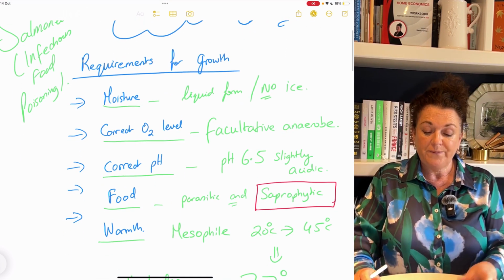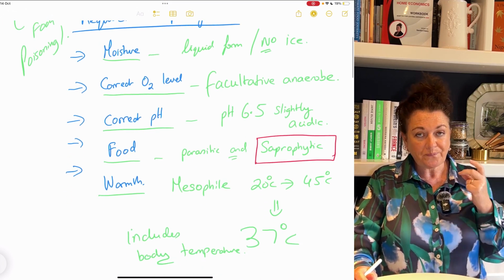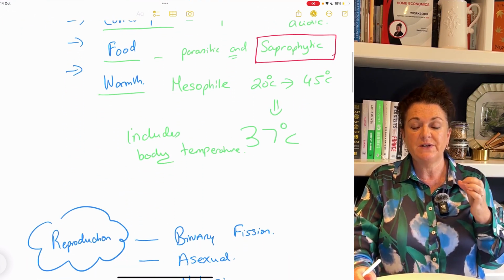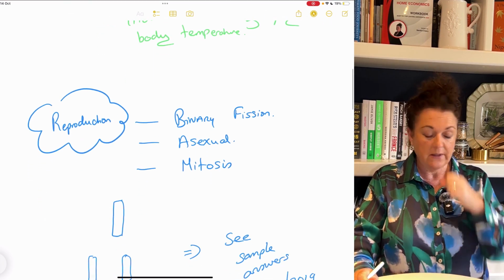Requirements for growth: water in a liquid form, facultative anaerobe, pH of 6.5, slightly acidic, parasitic or saprophytic. We focus on saprophytic, and they happen to be mesophiles.